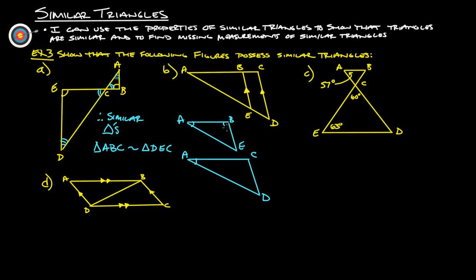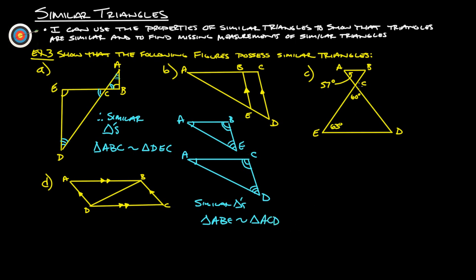So angle B has to be equal to angle C. And then again we've got 2 of the 3, so by default D has to also be the same as E. Okay, so these are similar triangles: triangle ABE is similar to triangle ACD.